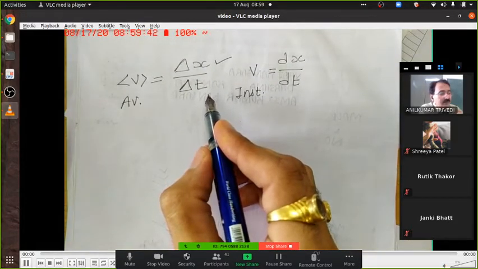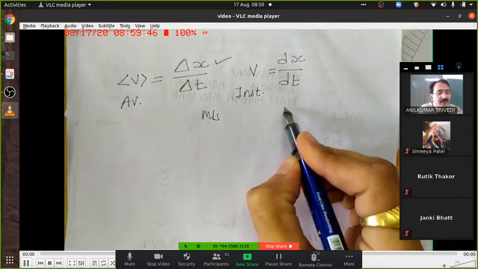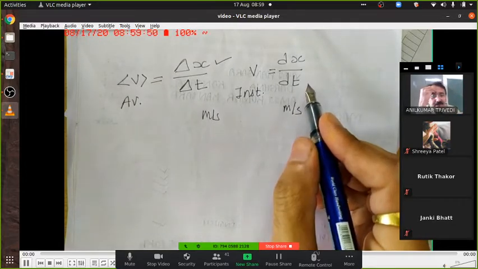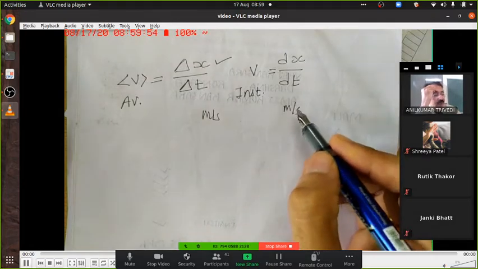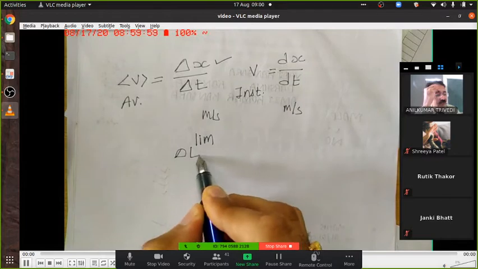Meter per second. And here also? Meter per second. Okay. What is the meaning of limit delta t tends to 0?